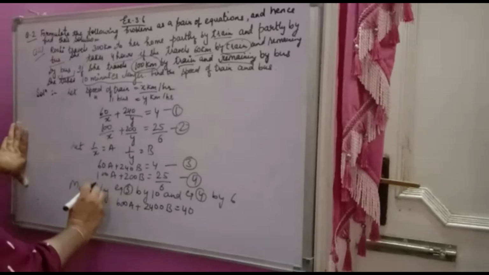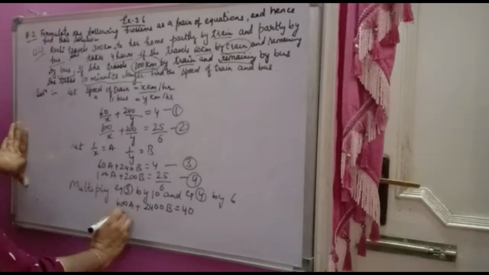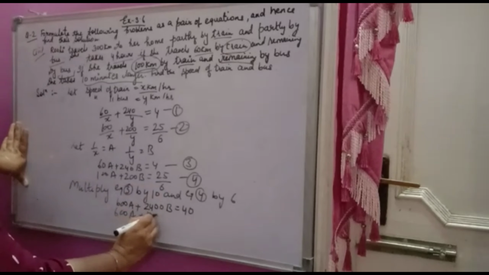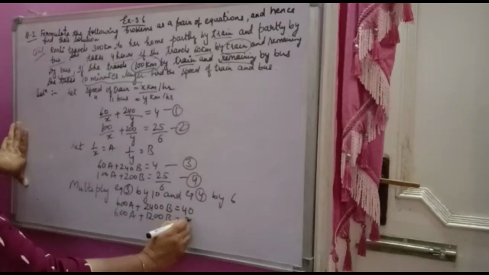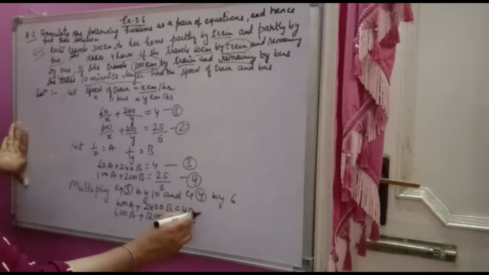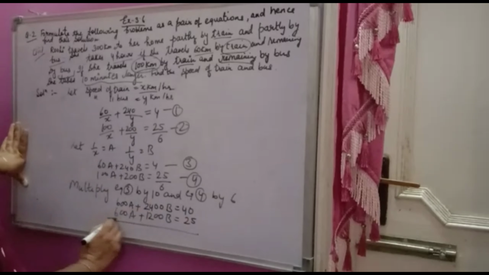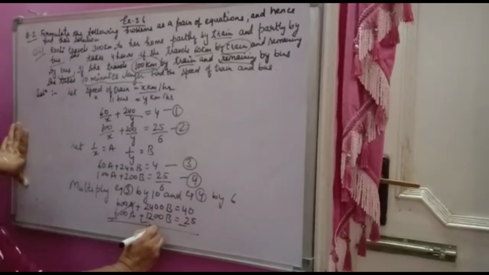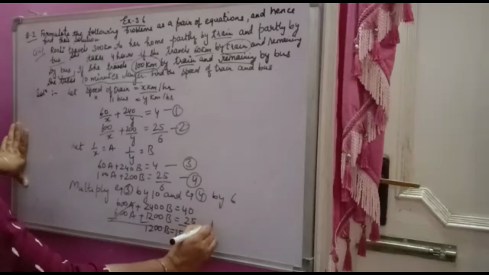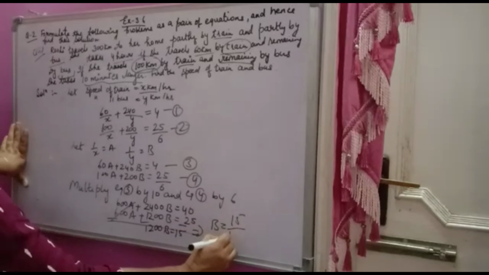Then 6 you will multiply in the full equation, you will get 600a plus 1200b is equal to 25 over 6 into 6, 6 will be cancelled, you will get 25 only. Then subtract, the a terms will be cancelled, you will get 1200b is equal to 40 minus 25, 15. So b will come 15 over 1200.